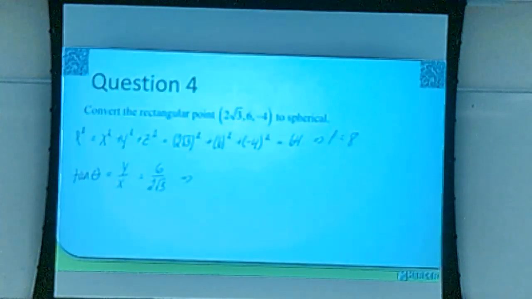First quadrant. Theta is just the inverse tangent. 6 over 2 root 3 simplifies to what? Which is the same as root 3.